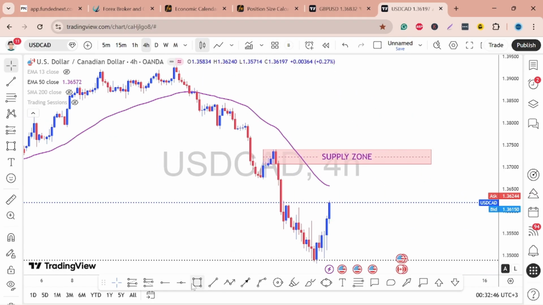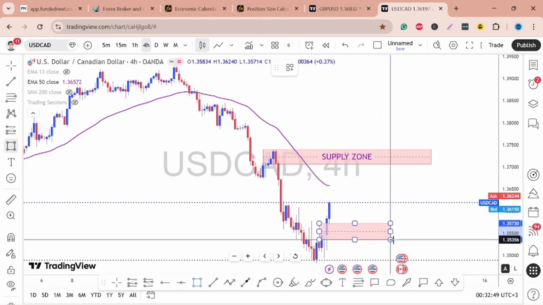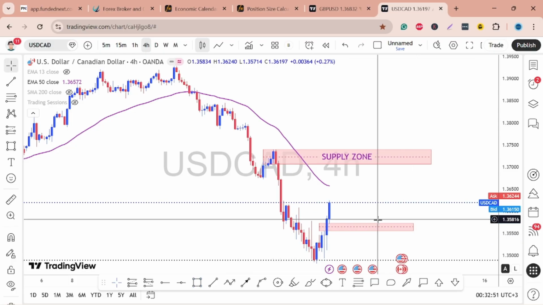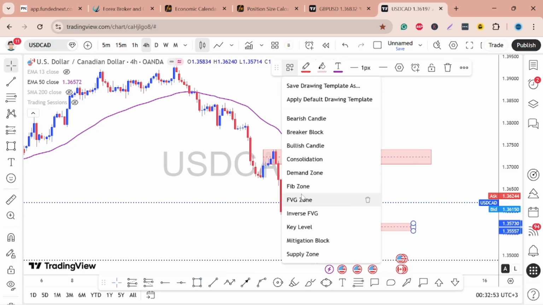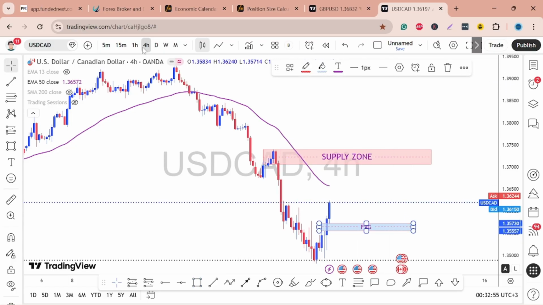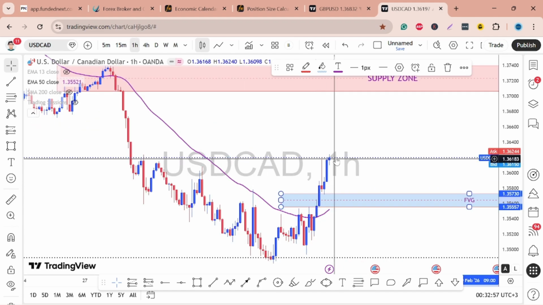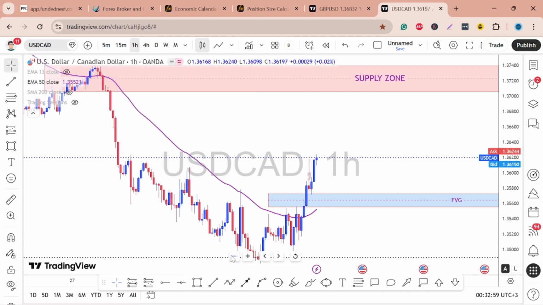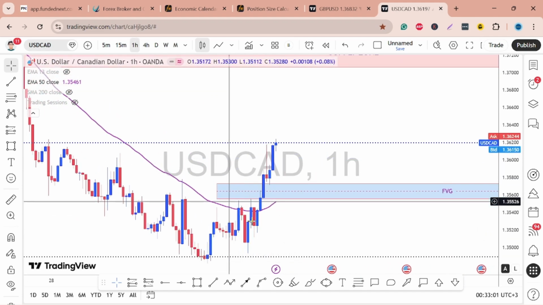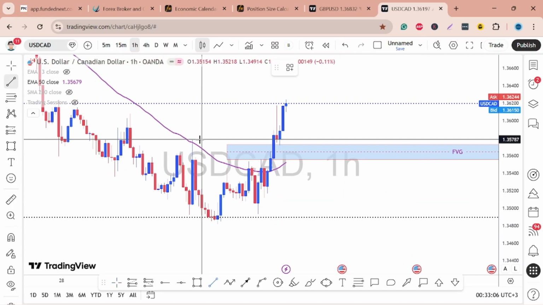Now looking at the 4-hour time frame, we have this fair value gap over here. This is an FVG, and actually what I'm seeing is that we've already done a change of character from this point on here.